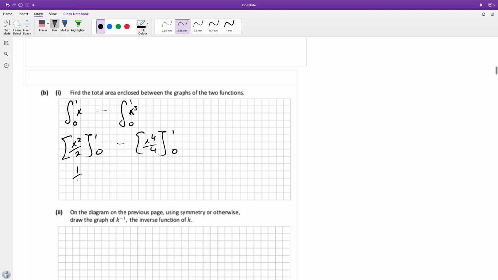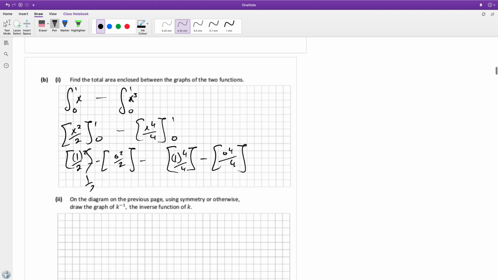That is a half, that's 1 squared over 2, minus 0 squared over 2, minus 1 to the power of 4 over 4, minus 0 to the power of 4 over 4, which is a half minus a quarter, which equals a quarter units.